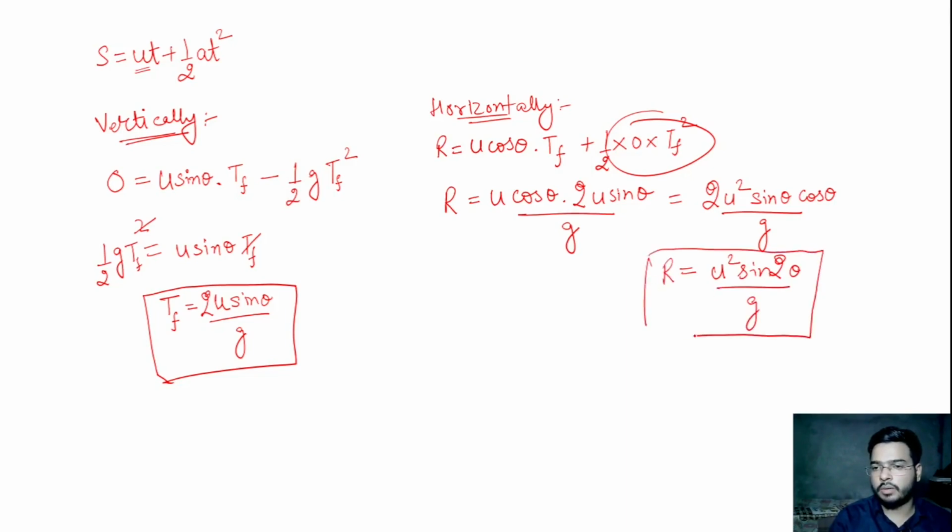Now coming to the last formula, this is for height, okay. In that case you will use this equation, v square minus u square is equal to 2as, vertically. So vertically we can apply this, but at which point?